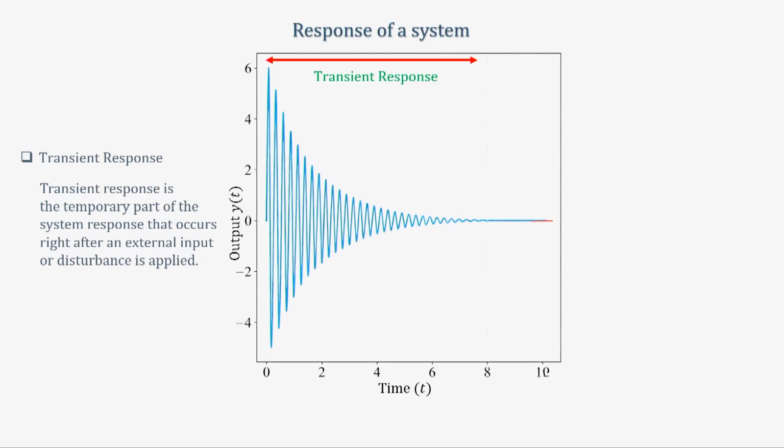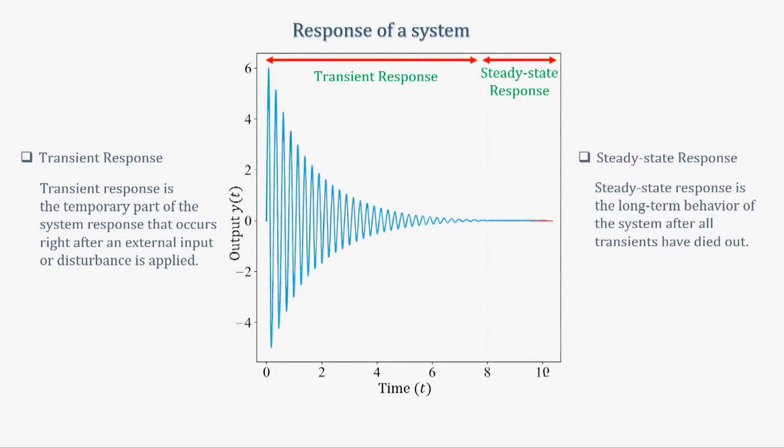Transient response is the temporary part of the system response that occurs right after an external input or disturbance is applied. Whereas, steady state response is the long term behavior, that is, how the system behaves after some time. So, when you look at the steady state response, the transients must have died down, and only then can you look at it.